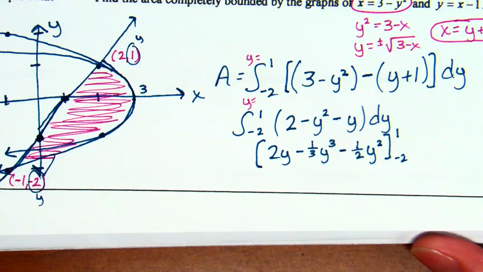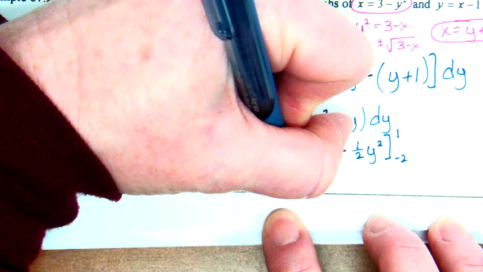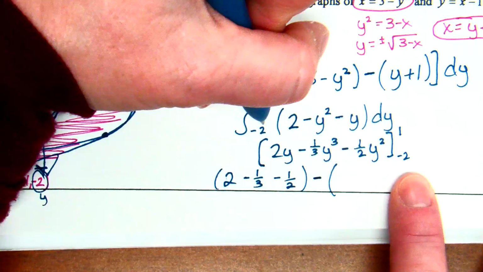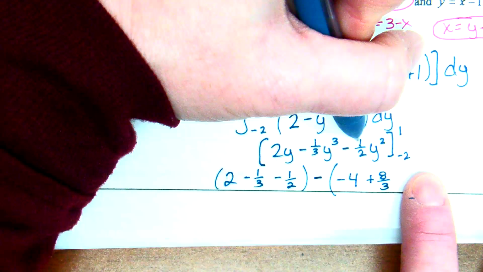First of all, we're going to put in our 1. So when we put in 1, 2 minus 1/3 minus 1/2. Well, that was easier. Then minus, I'm going to set up my other parenthesis. This time I'm putting in -2. So, -4 plus 8/3, that's what I was thinking. Minus 2.